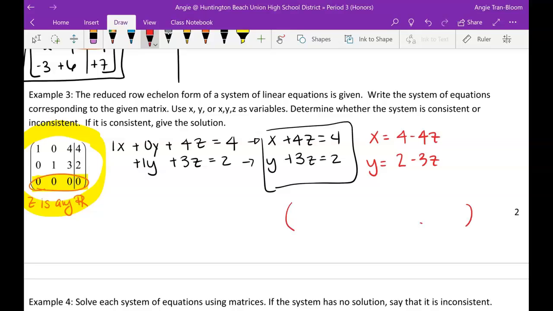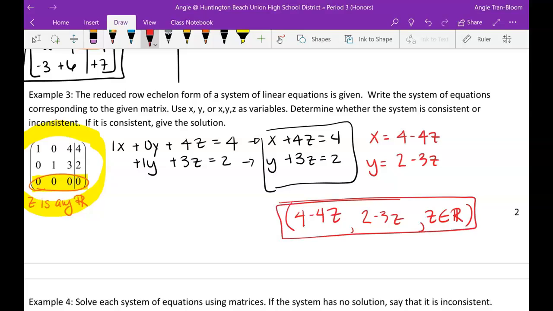The answer, that z, is going to belong to the set of all real numbers. In this case, z is any real number that you want to pick. Whatever you pick, x depends on what you pick for z. So since I can't pick a value, and you can't pick a value either, we're going to say x is 4 minus 4z, y is 2 minus 3z, and z is any real number.